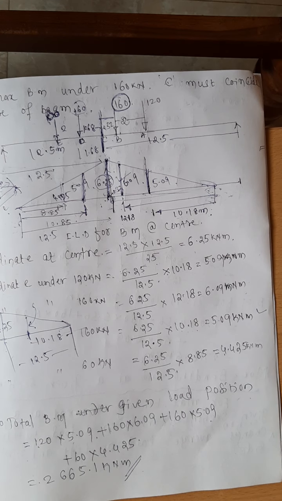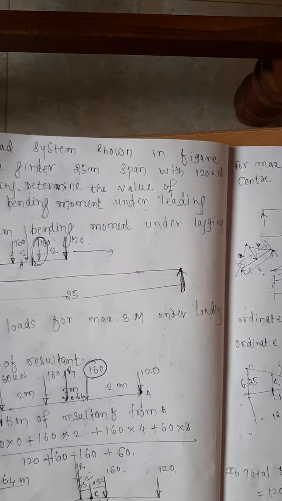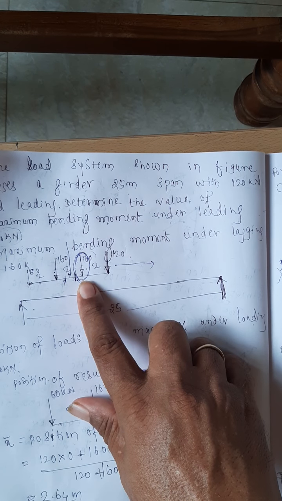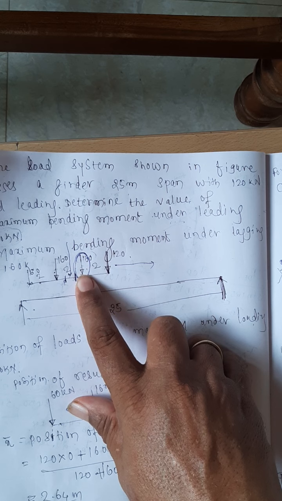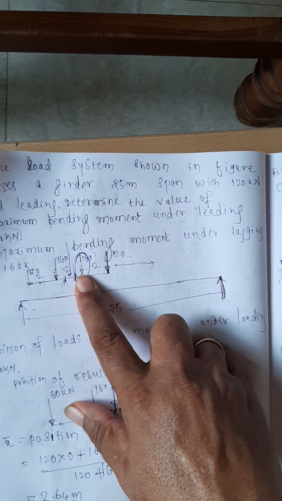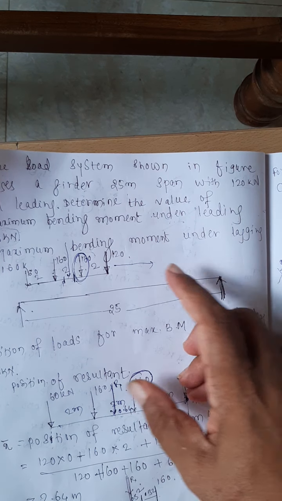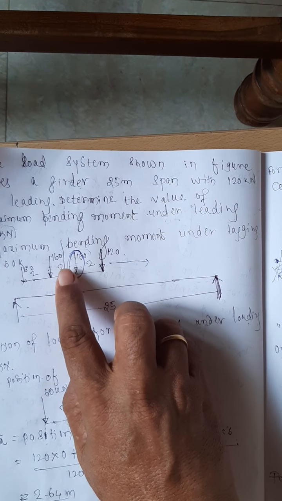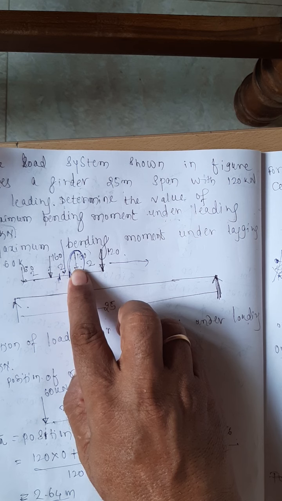Is it this problem? I will just repeat the summary of what we did in this particular problem. First, he is asking you to get the maximum bending moment under a load. This load he is asking. First, what we need to do? Calculate the position of the resultant of all these loads and get the midpoint of the resultant and the load under consideration.